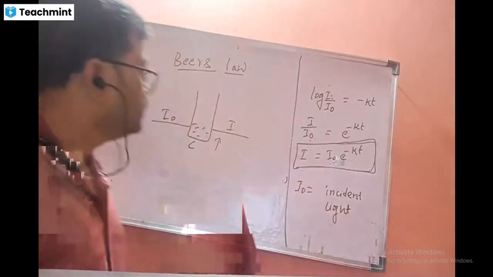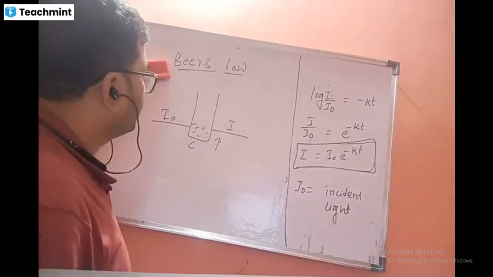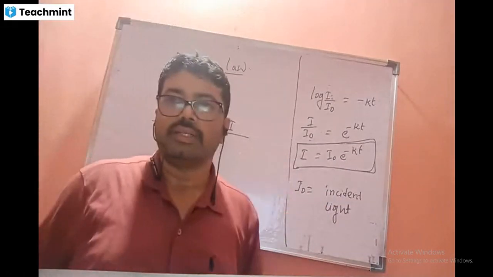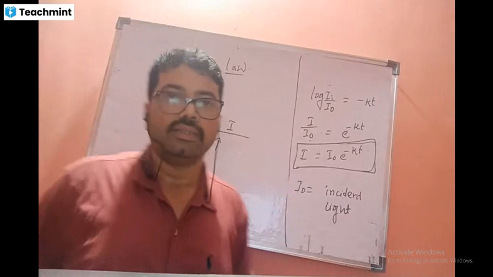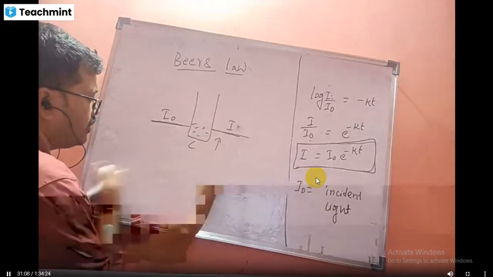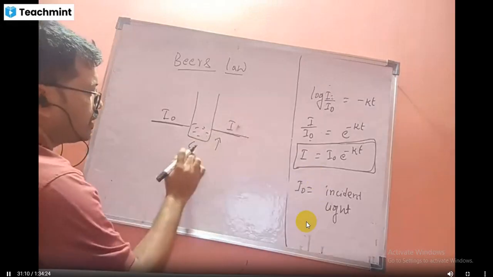Look, Beer's law. So what is Beer's law? Beer's law is nothing but the intensity of incident light and this emitted light is directly proportional to concentration.